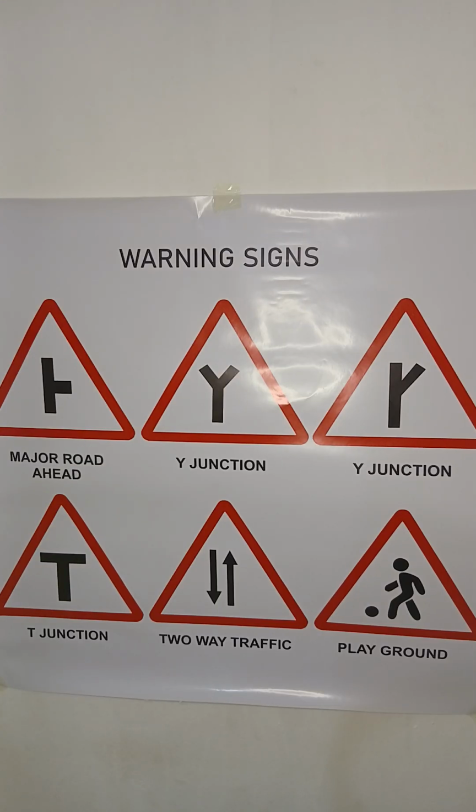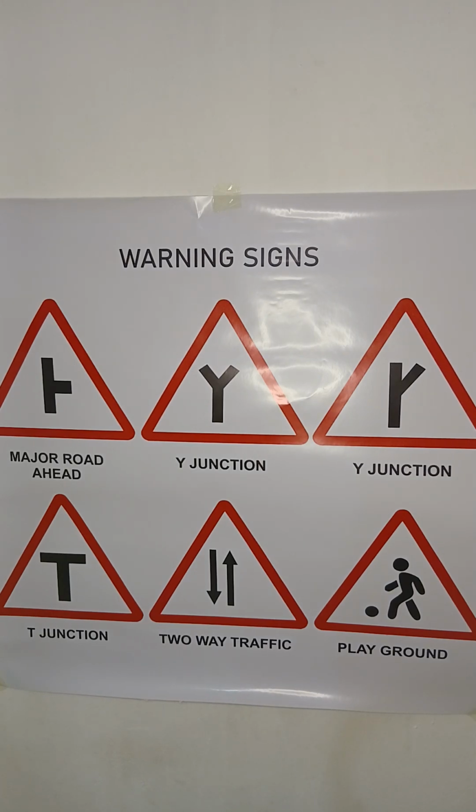The first one is major road ahead. Those of us who have done our episode 2 will see that we had one major road ahead in episode 2. But that major road ahead was telling us of 2 minor roads joining a major road. This one is describing a situation where there is only one minor road joining the major road.